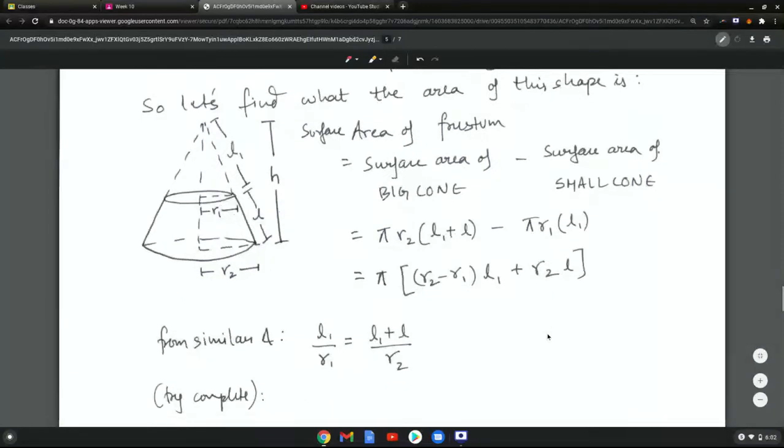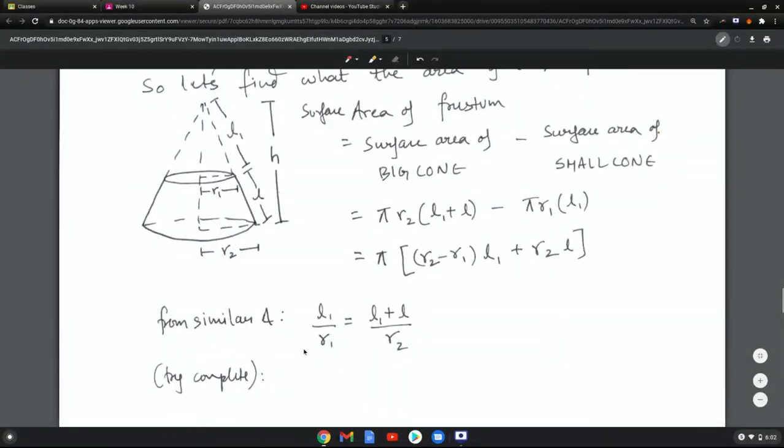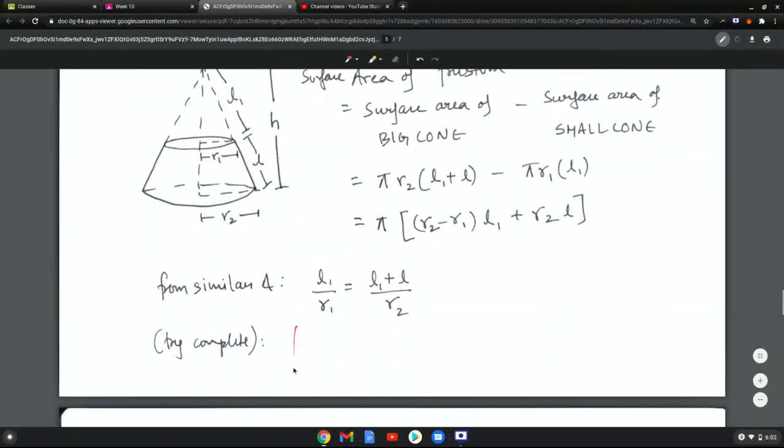Then you also have similar triangles. What is a similar triangle? Because it's 90 degrees and these angles are equal because the radii are parallel. That's R1, R2, that's L, that's L1. So (L1 plus L) for the big triangle divided by R2 is L1 over R1. If I cross multiply, I get L1 R2 is L1 R1 plus L R1. What does that give me?